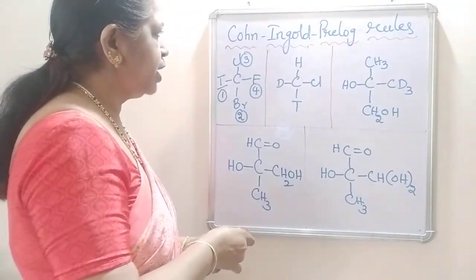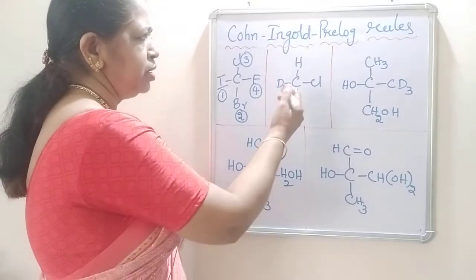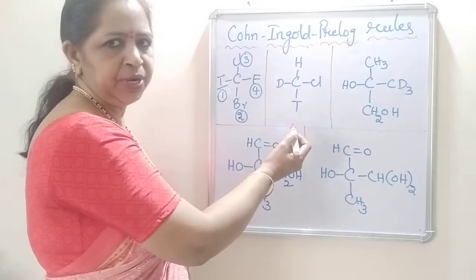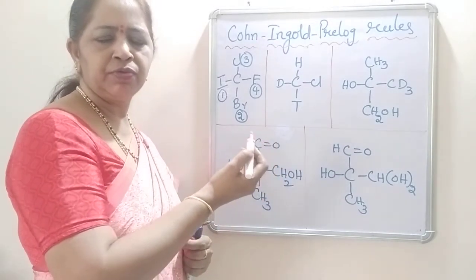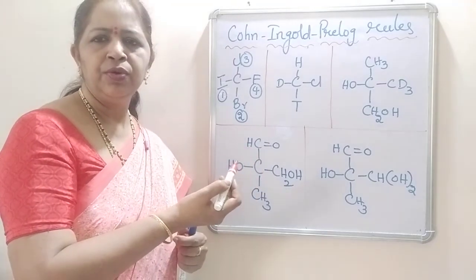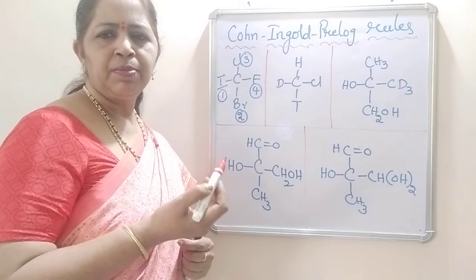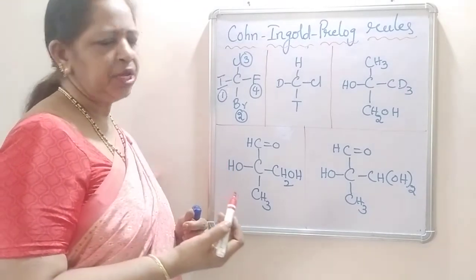And in the next one, there are isotopes of hydrogen. Hydrogen, deuterium and tritium are present. If isotopes are present, what should we do? We have to give the priority to the atom with the highest atomic mass.